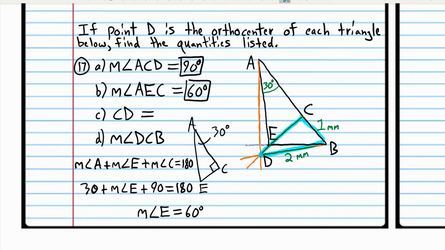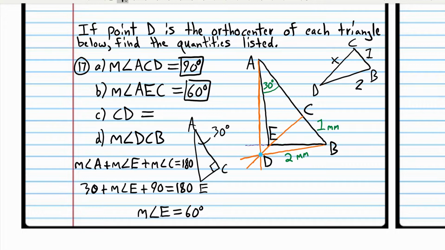We're going to take this triangle out. I'm going to put it over here. We have 1, 2, and we're looking for this distance here. So that's C, D, and B. It's kind of confusing sometimes to see what triangles we're looking at.